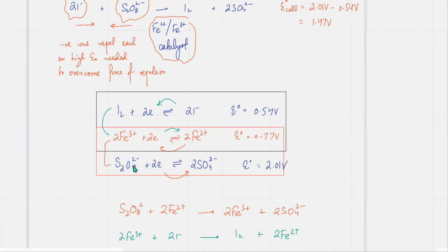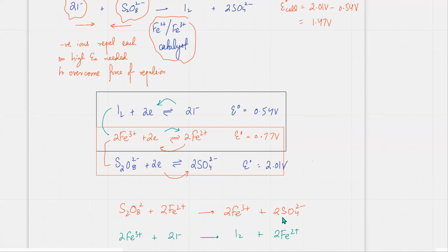Remember, S2O8 reacting with Fe, S2O8 is the higher potential, so it gains electrons, while Fe is the lower potential, it loses electrons. When iodine tries to react with Fe, iodine is the lower potential, so it loses electrons, and Fe is the higher potential, it gains electrons. And at the end of the day, you get this reaction. Is this clear, everyone? Yes, sir.